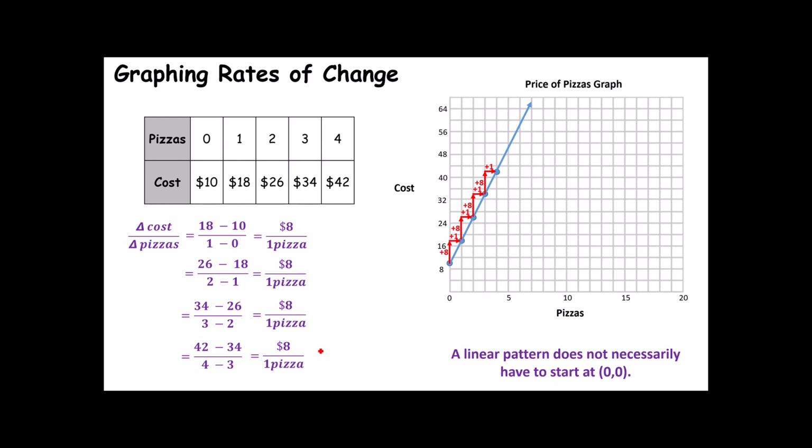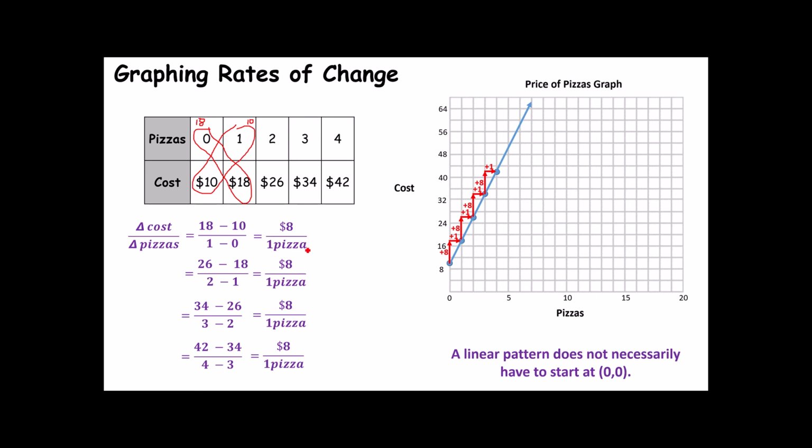Not too bad, right? One thing I do want to make sure I point out as well, even though this has a linear pattern or a constant rate of change, these ratios or rates are not proportional. This is not a proportion because if I use my means extremes property, you can see that these multiply together to give me 10, these multiply together to give me 18.